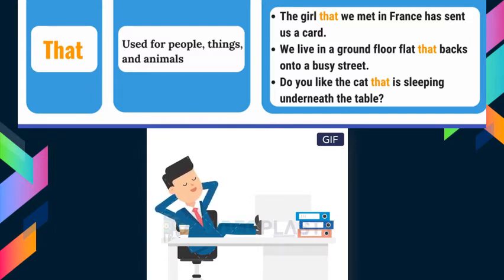So we can see that it is replacing. For example, in the last sentence, we can change that and use which. Why? Because it's talking about an animal, right? So, do you like the cat which is sleeping underneath the table? That would be a good sentence too. And finally, kids, we are going to watch an explanatory video, and I hope that you enjoy it.